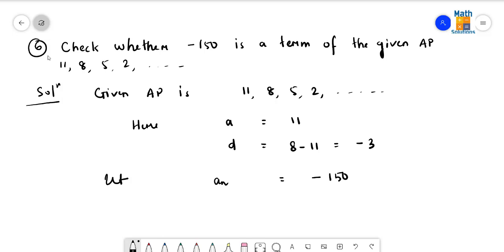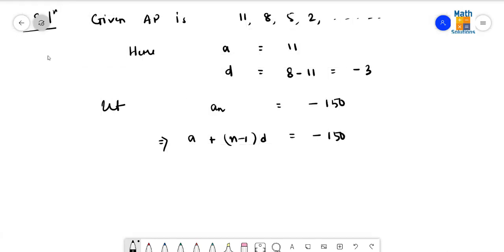Now let us check what value of n we get for it using the general formula. That means A plus n minus 1 D is equal to minus 150. So in this case we are using the general formula for nth term. So we already got the value of A as 11 plus n minus 1, we don't know the value of n here, and D is equal to minus 3, and that is equal to minus 150.